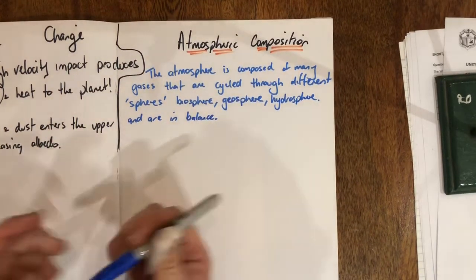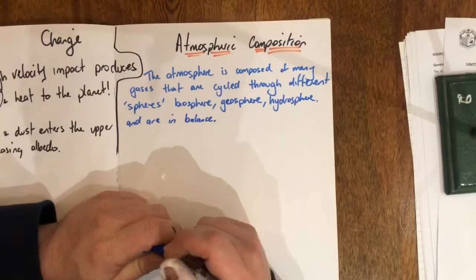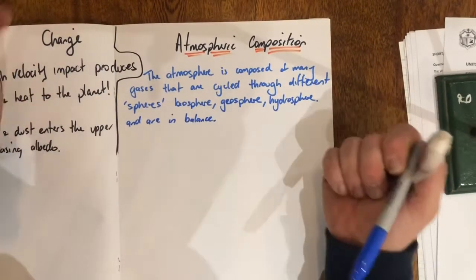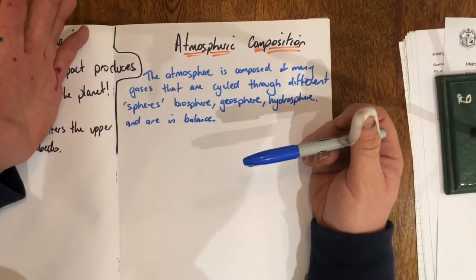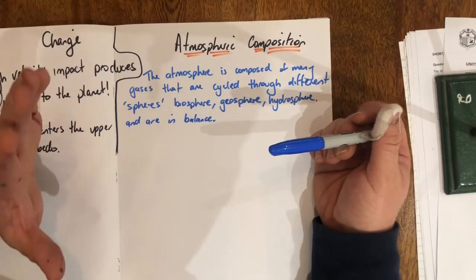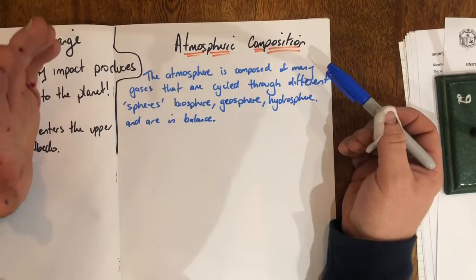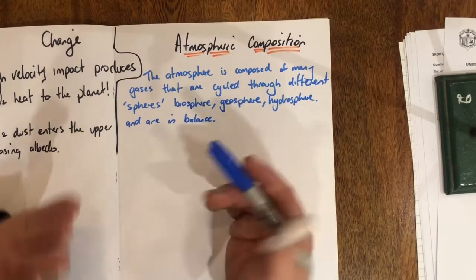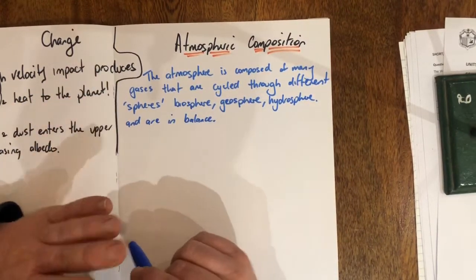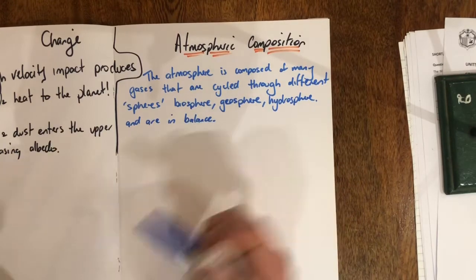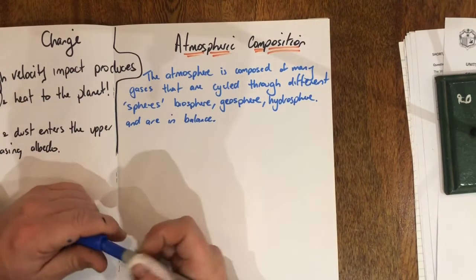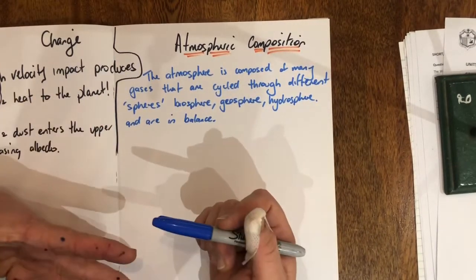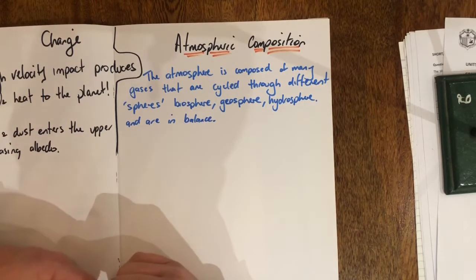Okay, so I guess I'm going to sound a little bit zen now, but the atmosphere is composed of many different gases. If these gases that are cycled throughout the different spheres of the Earth remain in balance, then the Earth's climate will not change.